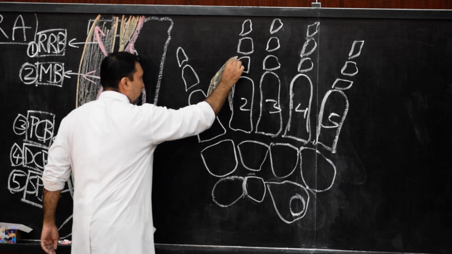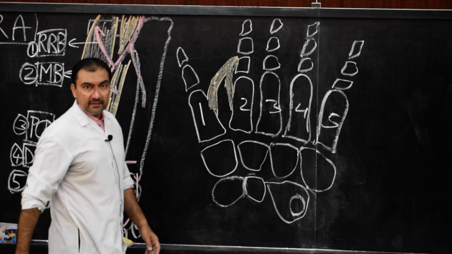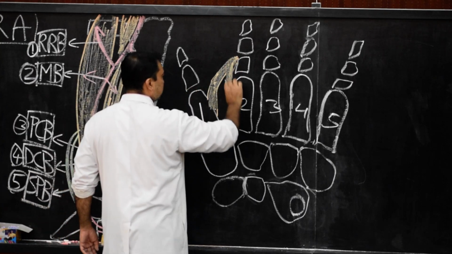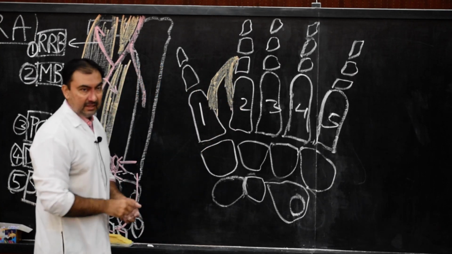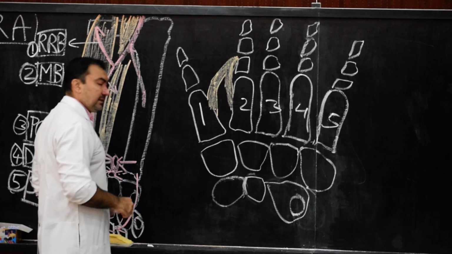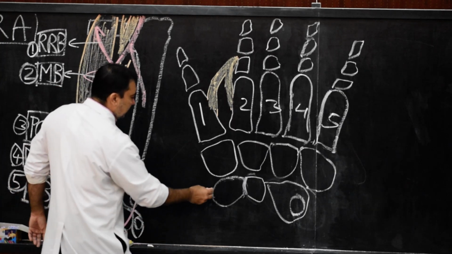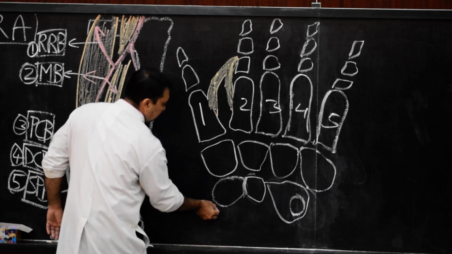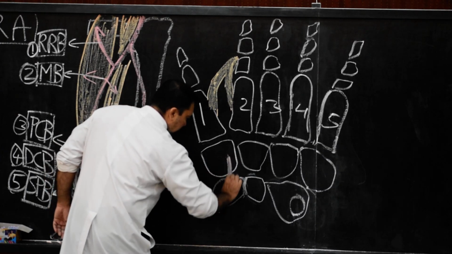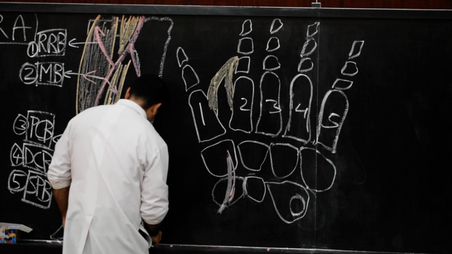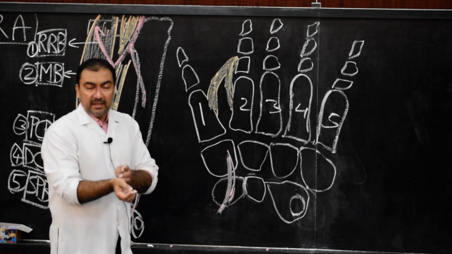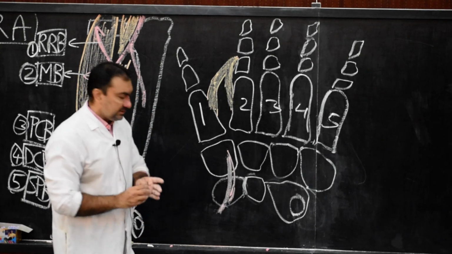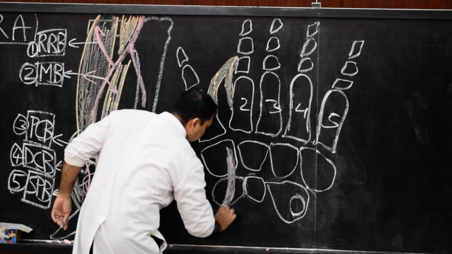Why is this muscle very important? Because the radial artery will turn and pass beneath the heads of this first dorsal interosseous muscle. So here we are going to show the radial artery. It is coming dorsally from this side after taking a turn over the lateral side of the carpus through the anatomical snuff box.